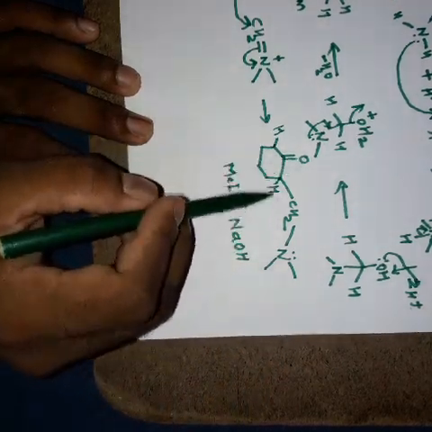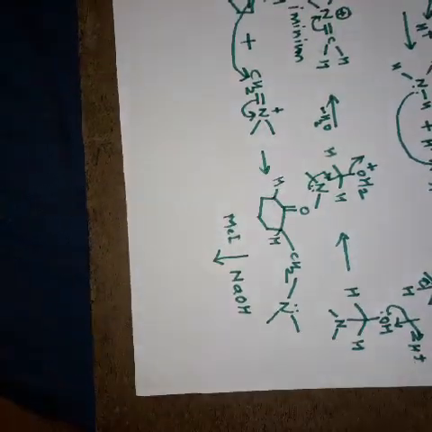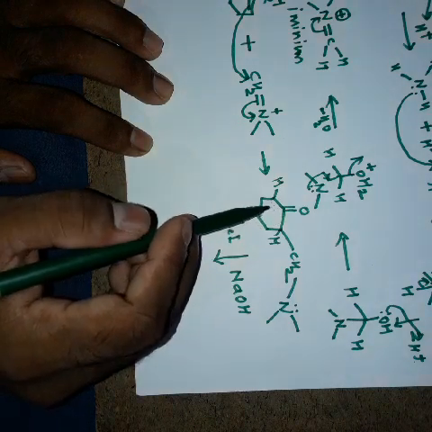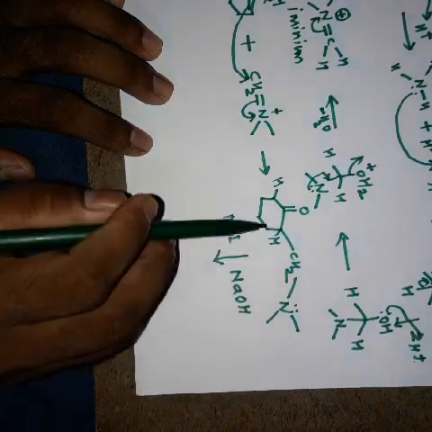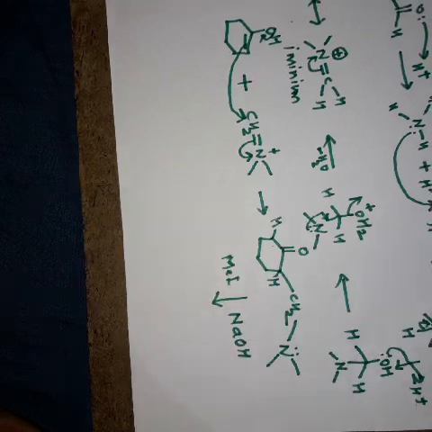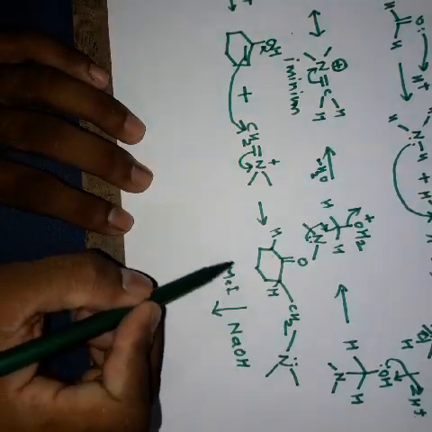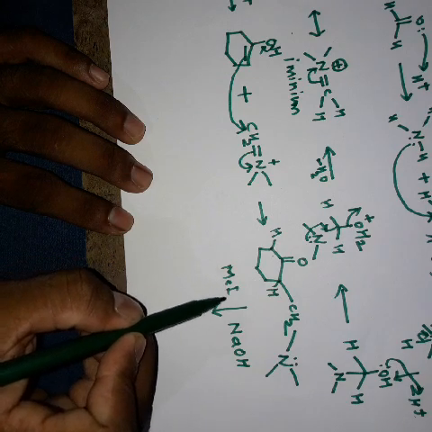So both are acidic hydrogens, both can be abstracted. But once it is abstracted, that will form an enolate, and that enolate will act as a nucleophile. But after that we do have an electrophile, because we have methyl iodide.